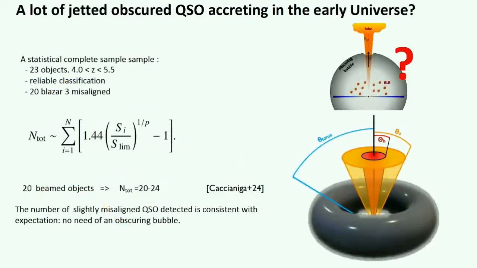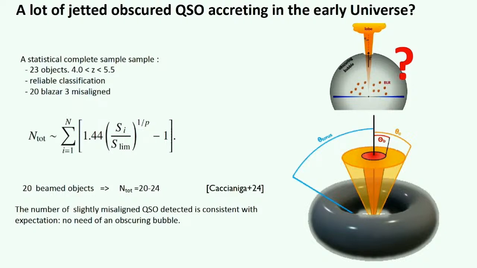Second result is that if we play with this formula here with a golden sample, a sample for which we have a good classification of the beaming angle, we don't find actually any inconsistency.